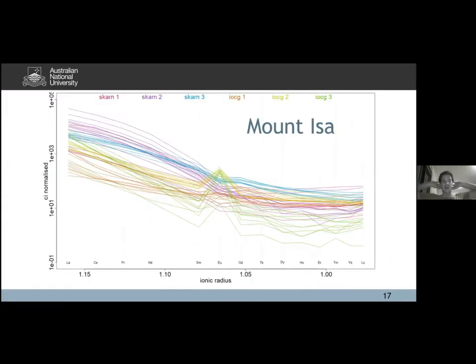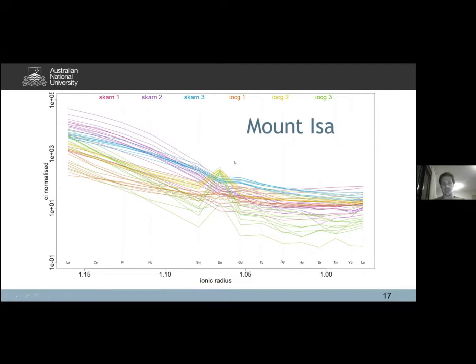Let's take a look at a lot of data. We have a student in the group, Ross Chandler, who's working on ore deposits from the Mount Isa region in Australia. He has a bunch of scans and a bunch of ICGs, and what he did was take all of those patterns from those deposits and plot them all together.